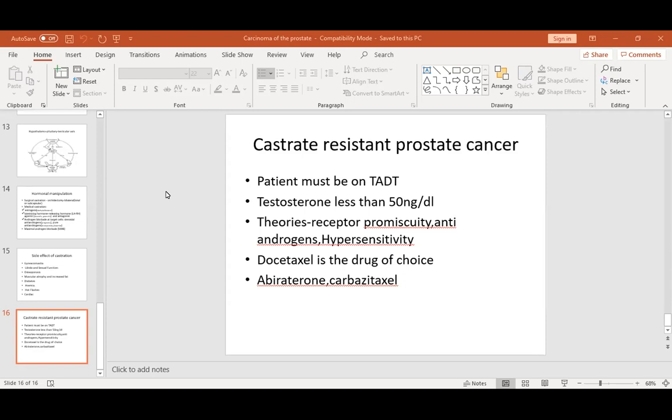If you do the PSA today and it is 2 and you do it after 6 months and it has doubled, then that doubling time is a very short time. So in other words, PSA still has its challenges, but if you have those modifications, including free PSA, then you can make your decisions.